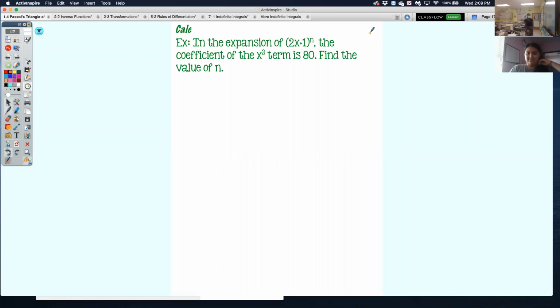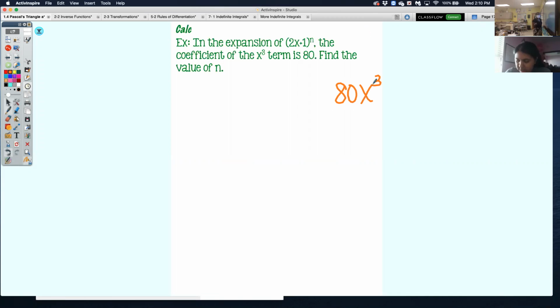So this was different from the other ones because we do not know what the exponent of the binomial is. All we know is that the coefficient of the x to the third term is 80, okay? So there's a term that is 80x to the third inside of this binomial expansion.